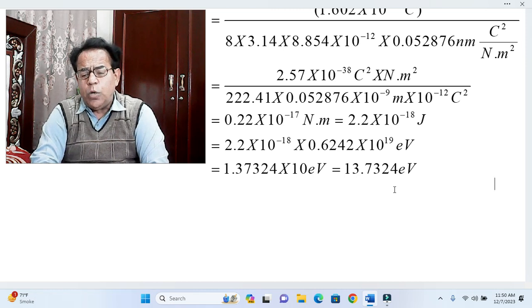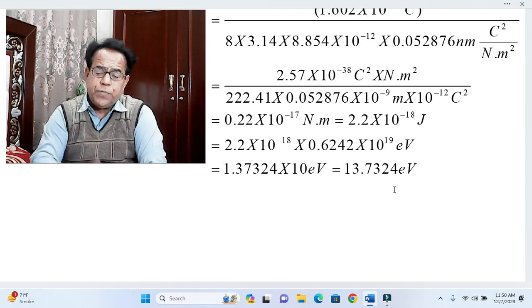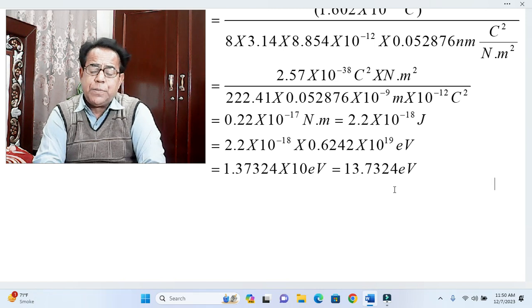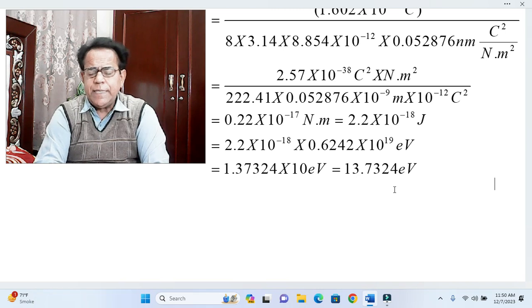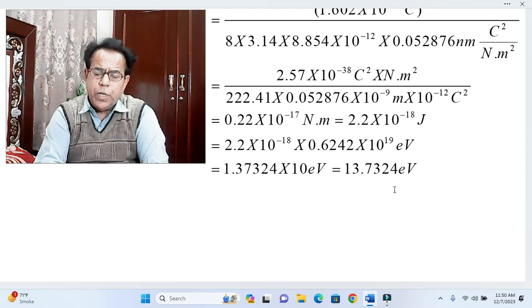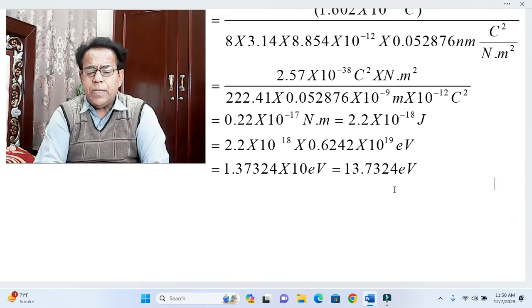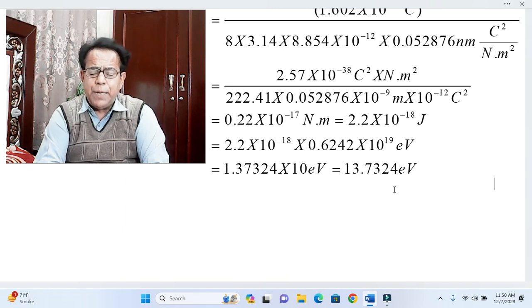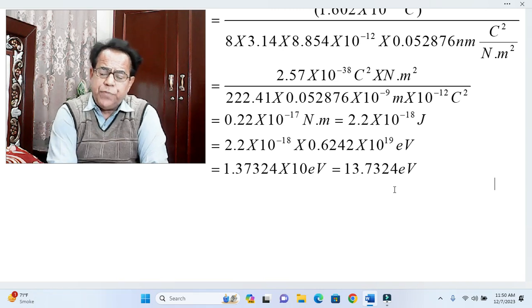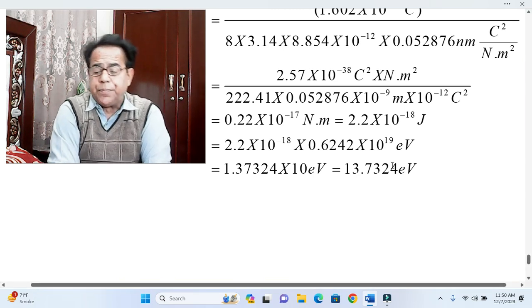So no doubt we admit that our answer lacks accuracy. Okay, in place of 13.6 our answer has become 13.7, but nevertheless it is very close to the exact value. Dear students, sometimes accuracy can be compromised, but methodology cannot be compromised. So we have adopted the exact method.